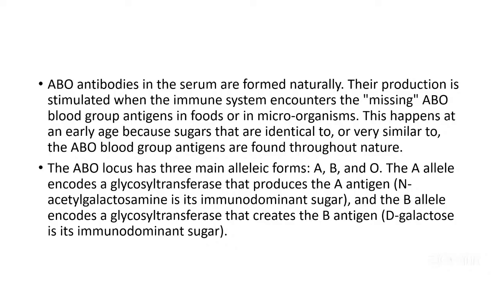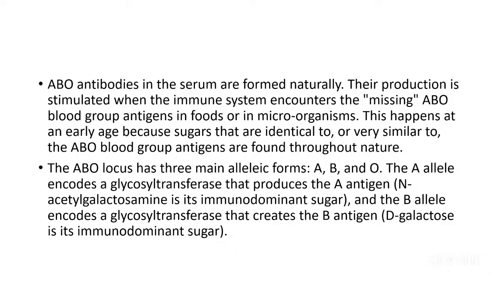Okay, why we are talking more about ABO is because it's the most popular, and this is what we use for our compatibility testing. All right. So we have mentioned N-acetyl galactosamine, and then D-galactose, the sugars.